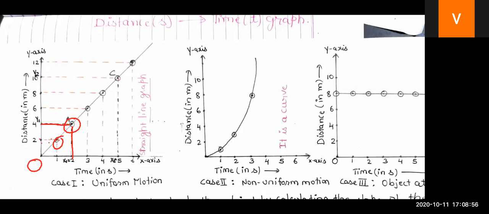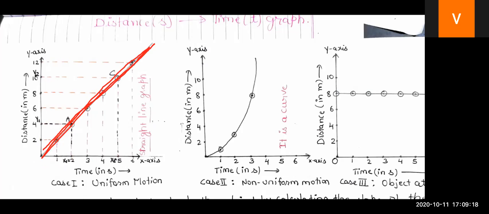Then children, further, at time t equals to 3 seconds, the distance covered by the object is 6 meter from the origin. So similarly, if we plot the graph, then over here we are getting a straight line graph which is passing through the origin.